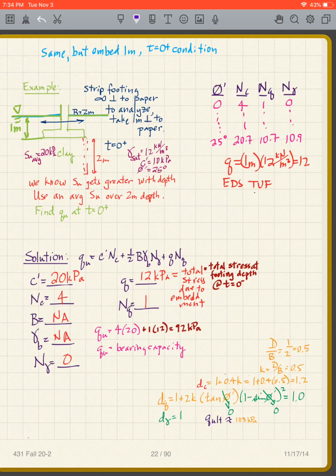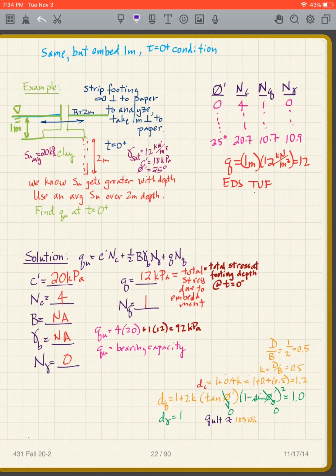So that's 1 times 12. That's where it comes from. If we had embedded it 2 meters, it would be 2 times 12, but we only embedded it 1 meter, so it's 1 times 12. Okay, so this is the total stress due to the embedment.